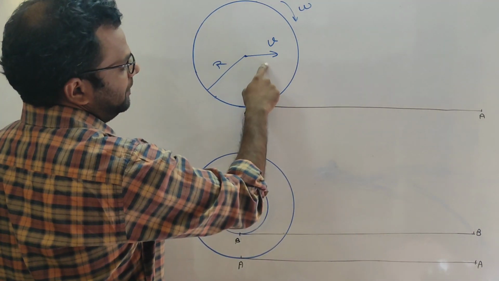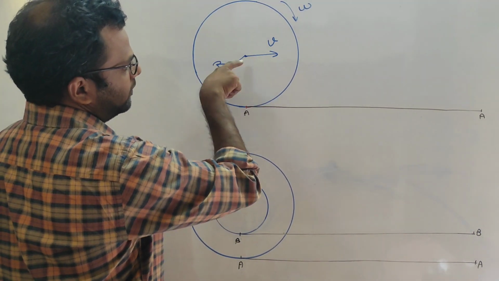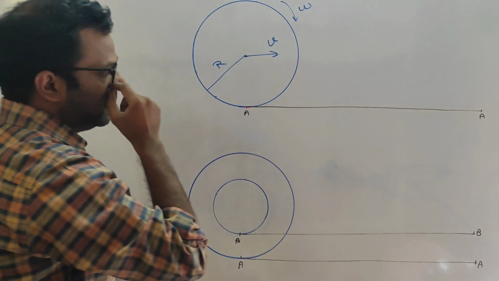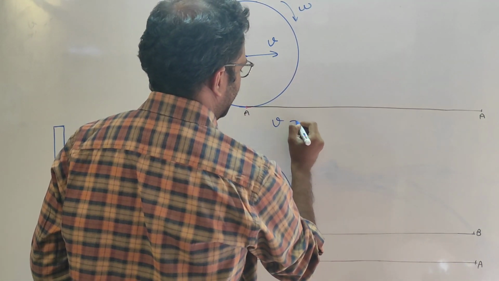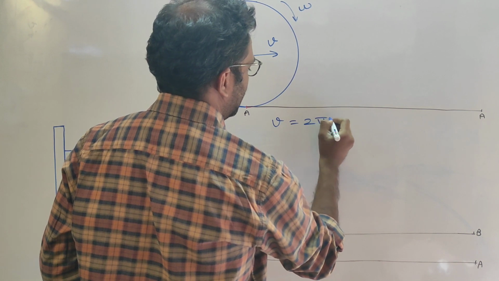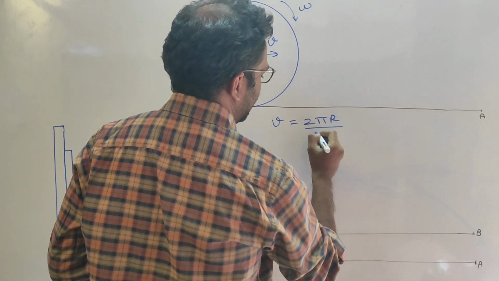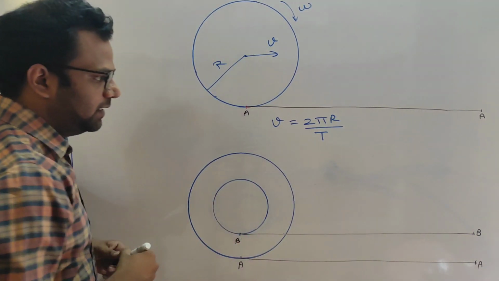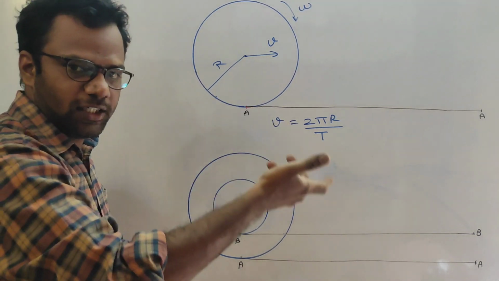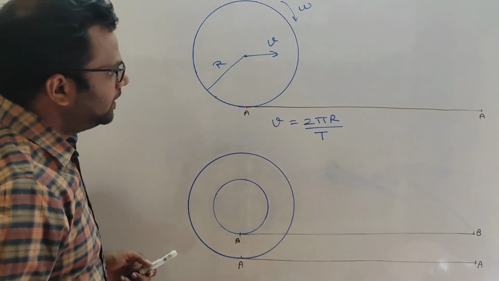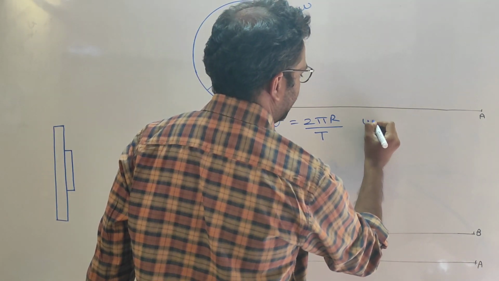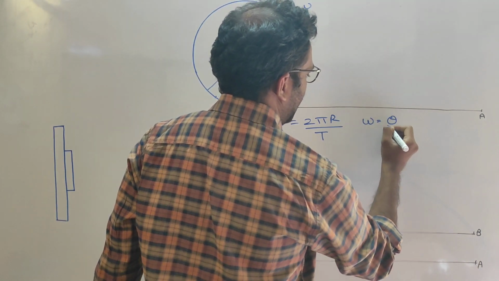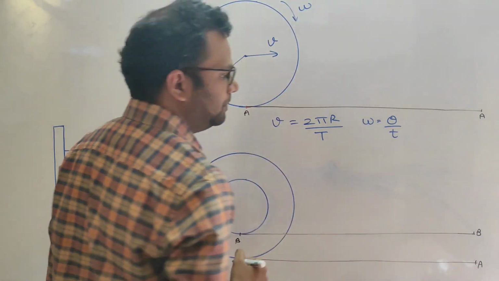So the speed of the center of the disc can be written as distance upon time. So v will be equal to 2 pi r upon capital T, since it has completed one complete rotation in that time. Now how much is omega? We know that the angular velocity omega is equal to angular displacement upon corresponding time.